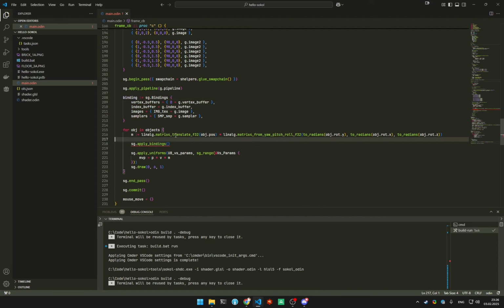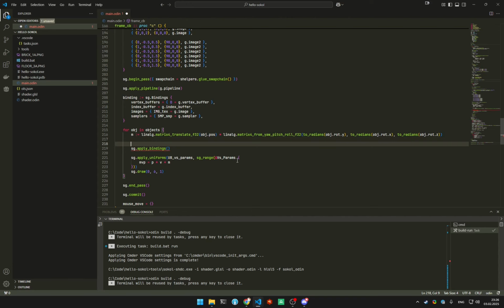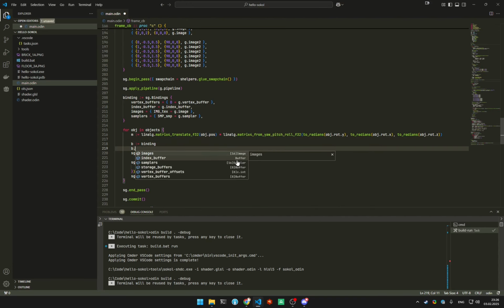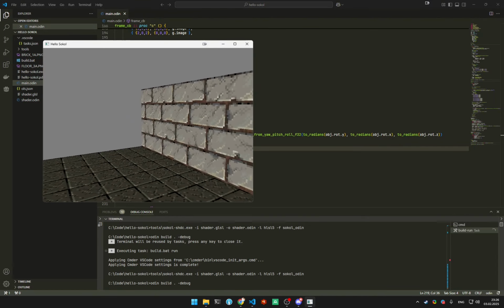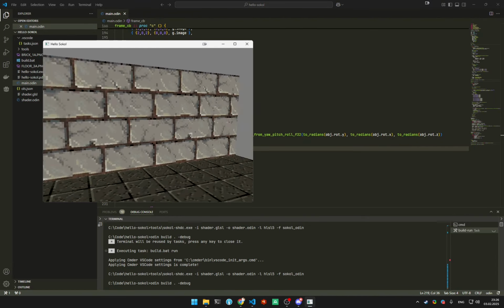And for every object we would say B is bindings, and in this local copy, we want to modify the images, so img text should come from the object image, right? And now you see we have a pretty nice corridor.